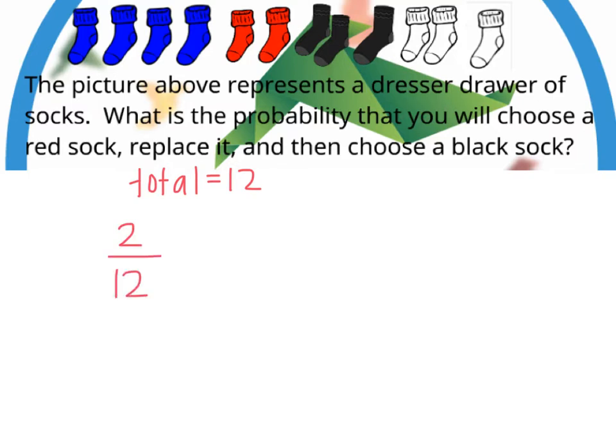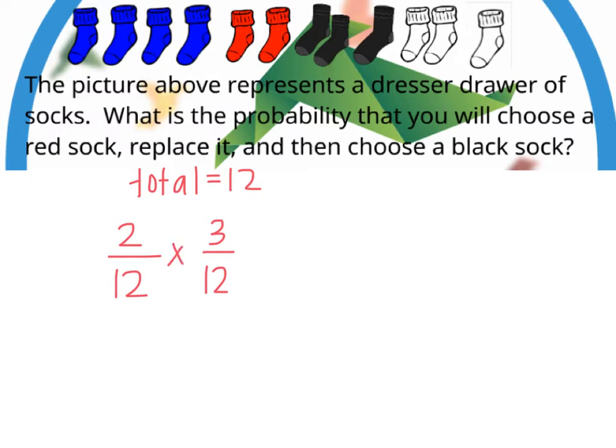You put it back. When you put it back, the total does not change, so there's still a total of 12 for the second pick. They then want to know the probability of a black sock. There are 3 black socks out of 12 still, because you put back the original red sock.